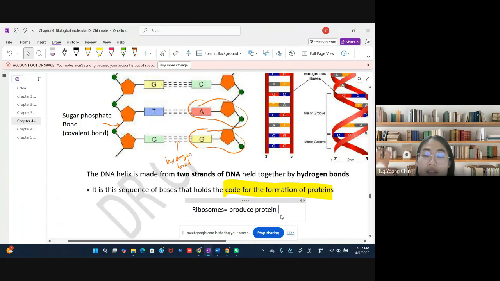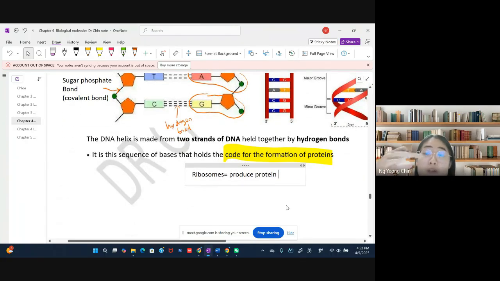So it means that DNA provides the information, the guidelines to produce the protein product. But the ones who actually produce the protein will be the ribosome, because the ribosome is the one who will join these three amino acids together to become a chain, a polypeptide chain.